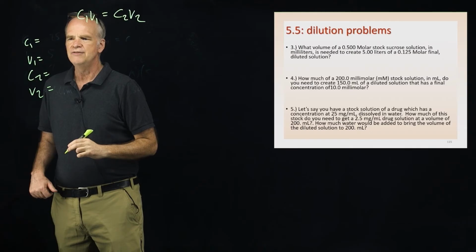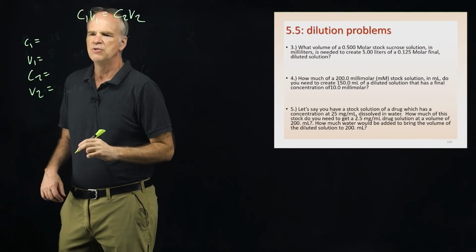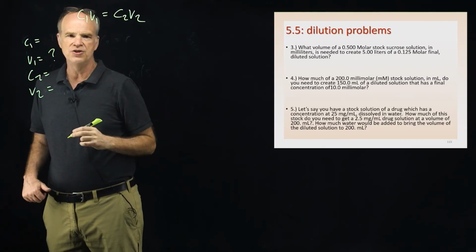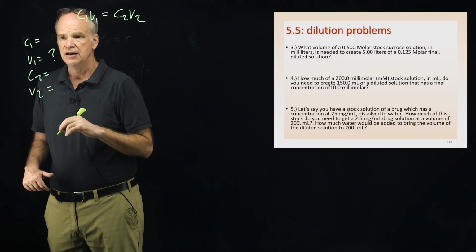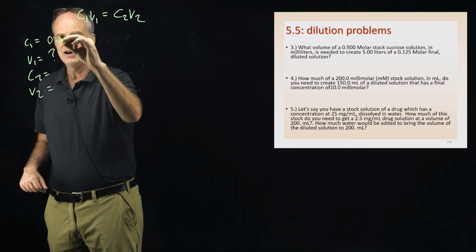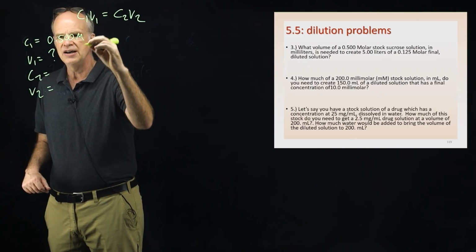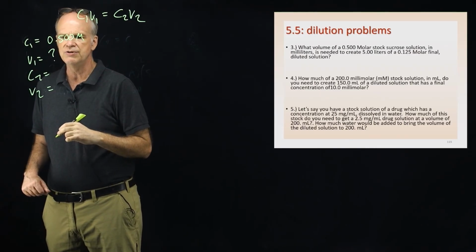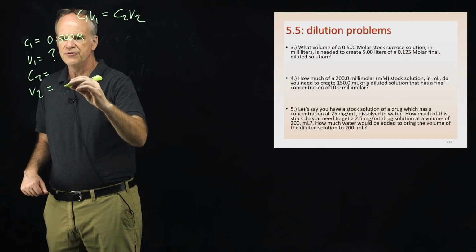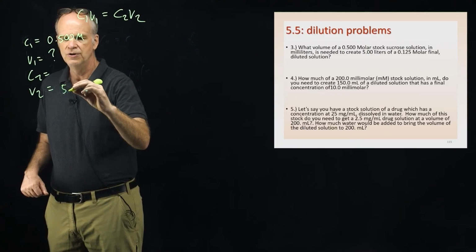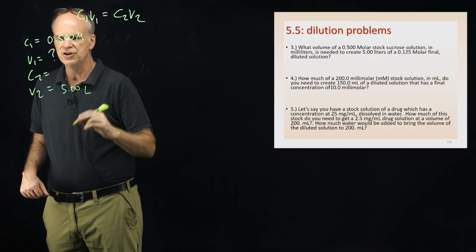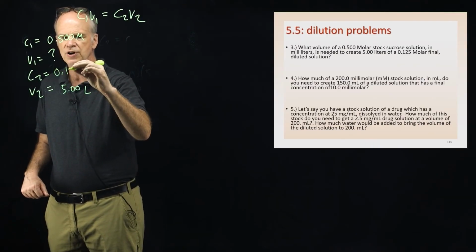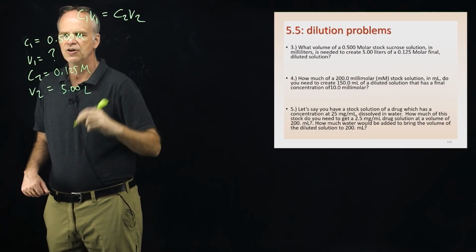Okay, what volume of a 0.5 molar stock solution? So the volume of the stock solution, V1, is what we're trying to find. We have 0.500 molar as the concentration of the stock solution. And what we want to do is create 5.00 liters of the final solution at a concentration of 0.125 molar.